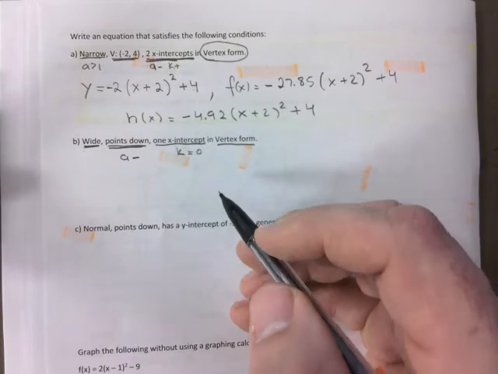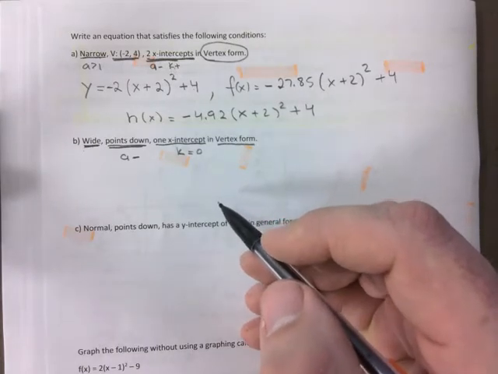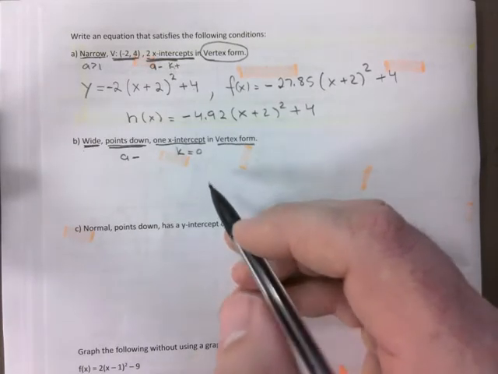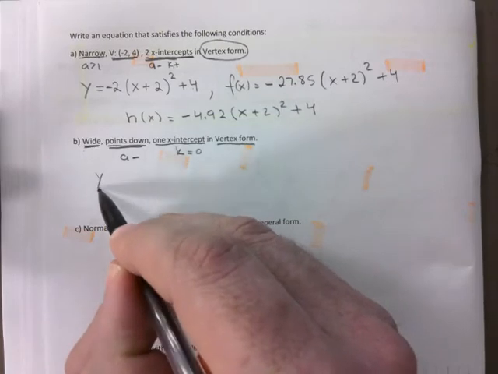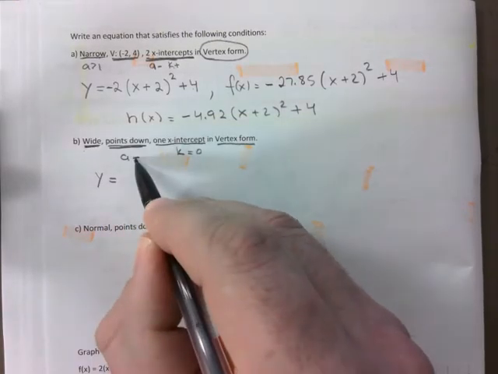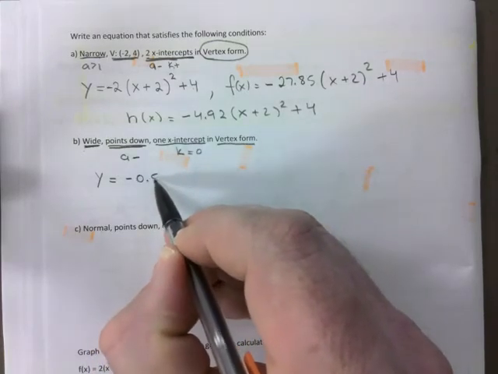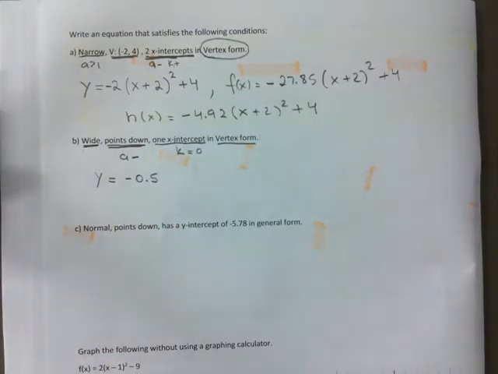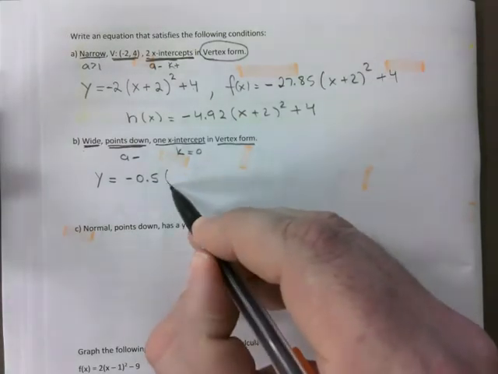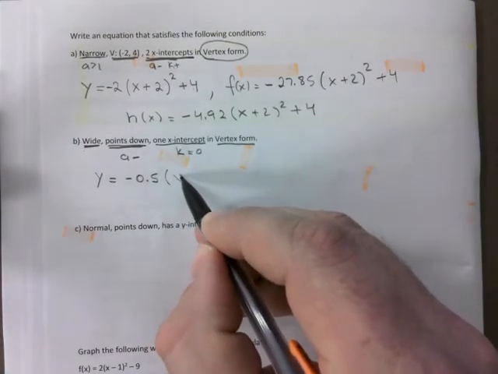So some of the things are obvious. Some of the things are like, I don't know yet. I'm going to figure it out as I go. So let's write it. Y is, you want it to be pointing down. We want it wide. I just like to go 0.5, right? And then what about here?